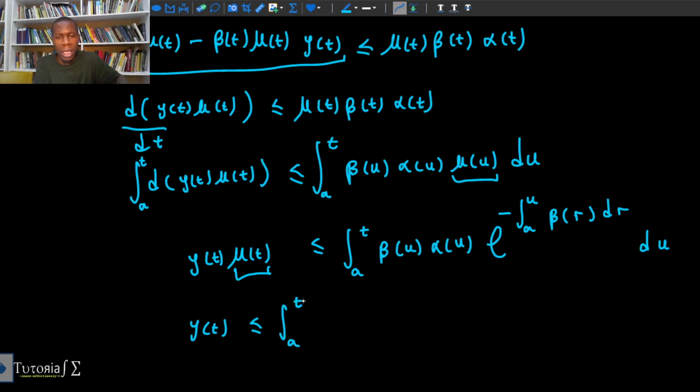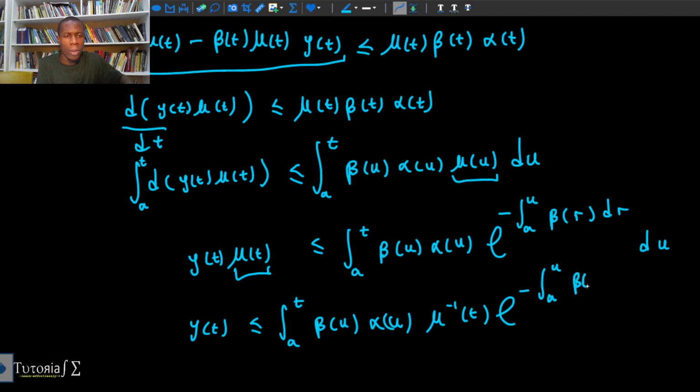So it'll be a to t beta of u alpha of u, this is mu inverse of t, then we have e to the negative integral from a to u of beta of r dr. I'll put this in brackets and we have du here.